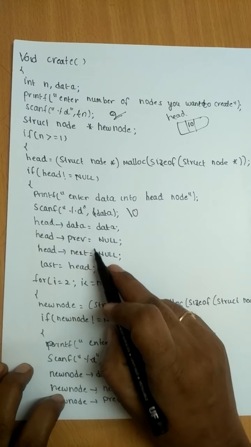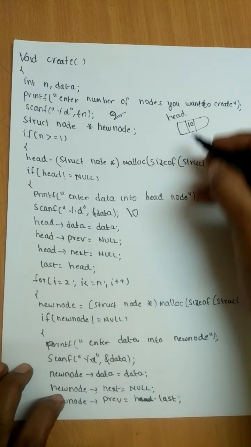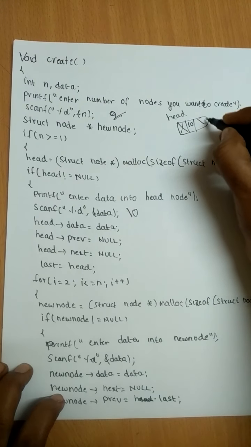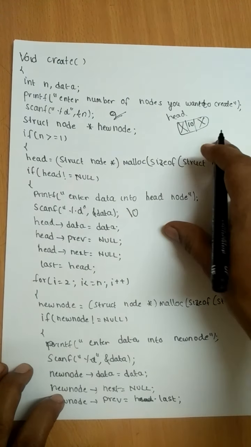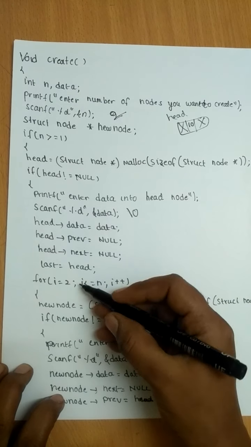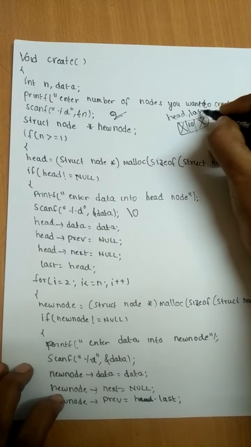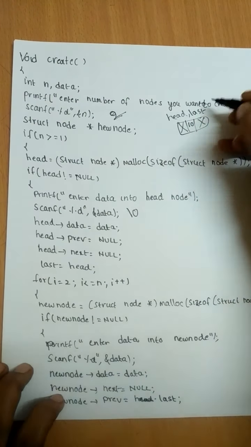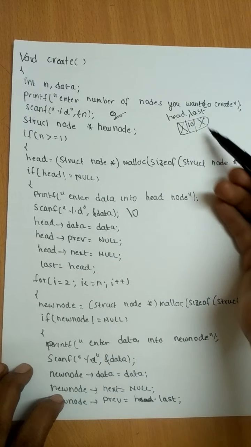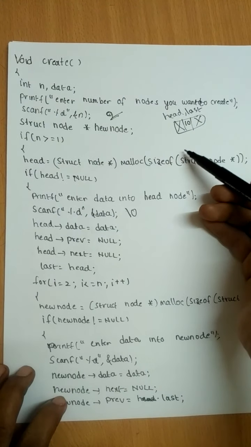Next, head of previous and head of next as null. Place both the previous and next part as null. And assign last also to the head only. So if it is the first node, then we call that as head node. If it is the only one node, head and last both are pointing at the same node.